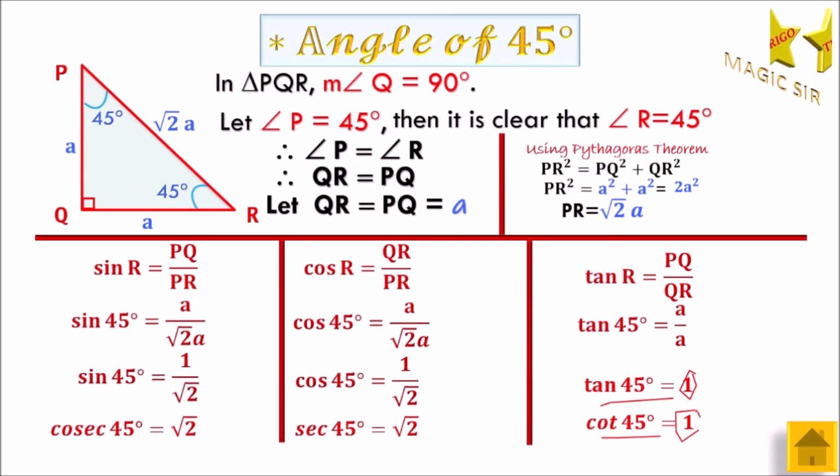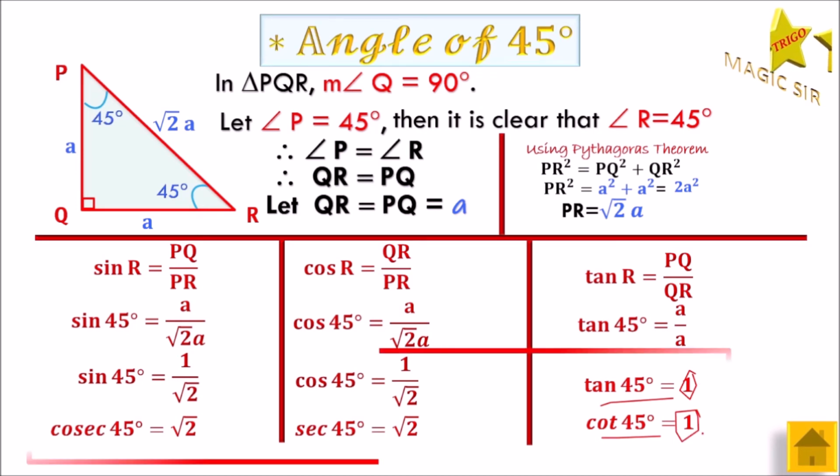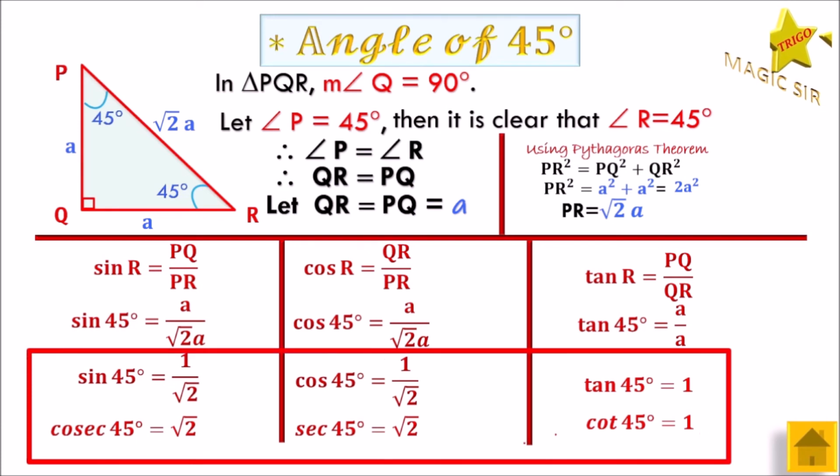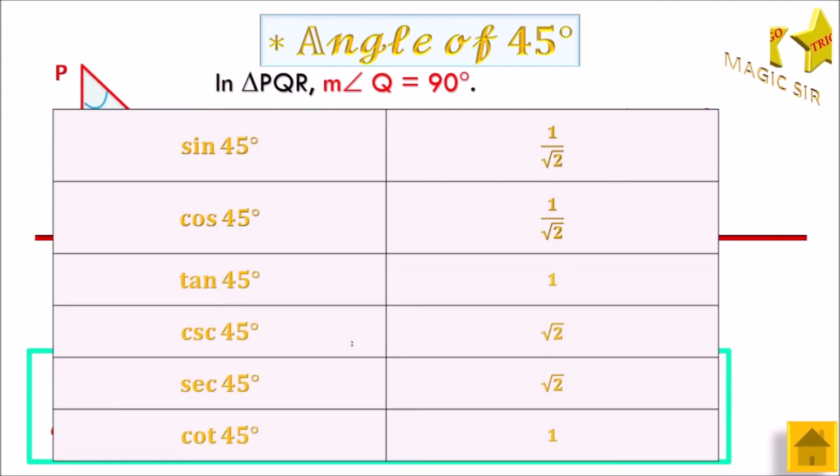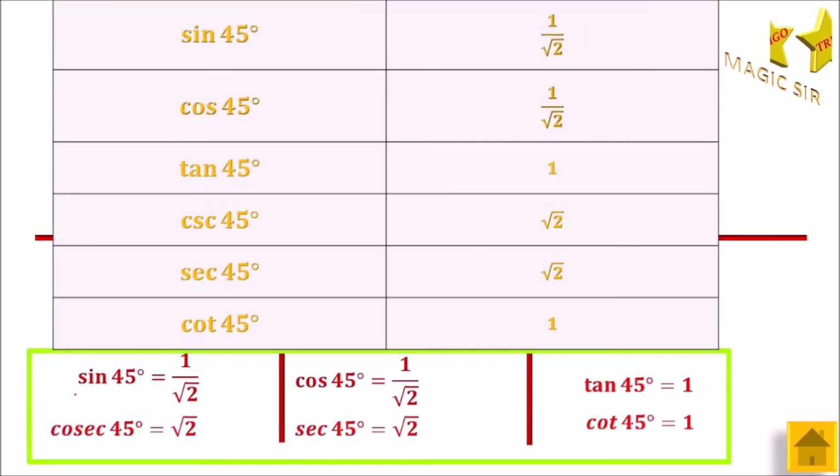Hence, we have 6 values for 6 trigonometric ratios for the angle of 45 degree. Look at the table of the values for 6 ratios of angle 45 degree. Try to remember this table.